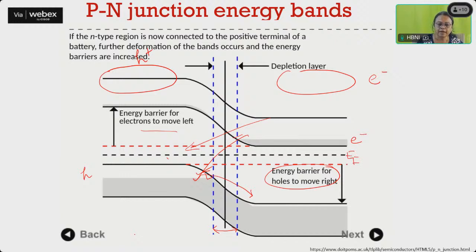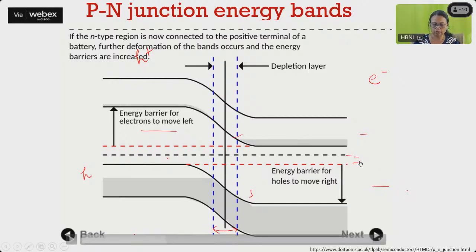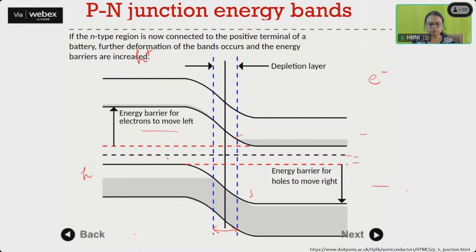Now, if the N-type region is connected to the positive terminal of a battery, further deformation of the band occurs and the electric energy barrier is increased. So we will see how it is happening. Now the N-type region is connected to the positive terminal of a battery.